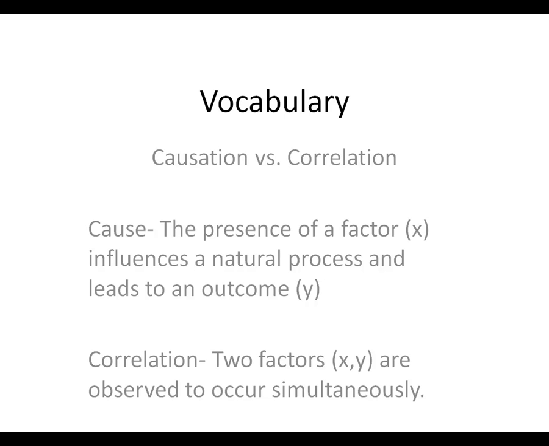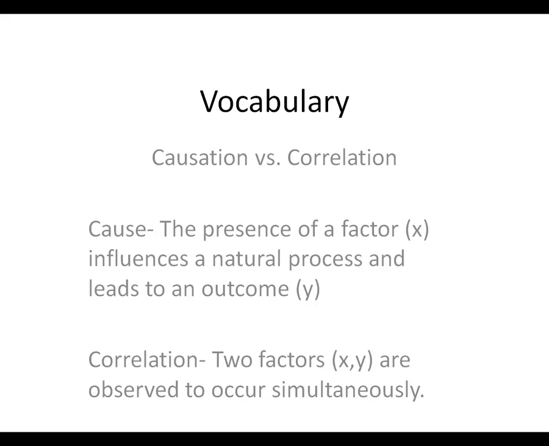When you see a correlation, it is really tempting to assume that those two things are there at the same time because X caused Y. And sometimes that's true, because if X does cause Y, then X and Y will be there at the same time. But the problem is that X and Y can end up being associated with the same thing at the same time by coincidence or for other reasons.